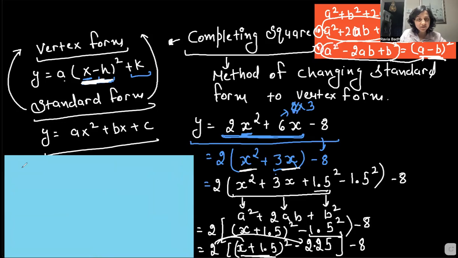So what will be my final result? I'll get 2x plus 1.5 whole squared negative. Now 2 will get multiplied with that, right? So I'm going to get 4.50, minus 8 here. All right.